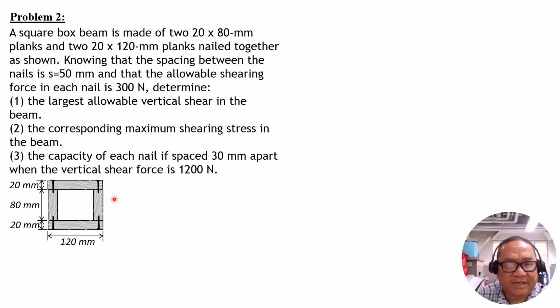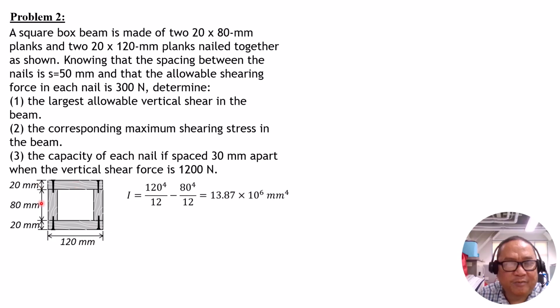So moment of inertia is bh cubed over 12, but since the base and the height are equal because these are just squares, we have 120 to the fourth over 12 minus 80 to the fourth over 12, I with respect to the neutral axis, and that is 13.87 times 10 to the 6 mm to the fourth.